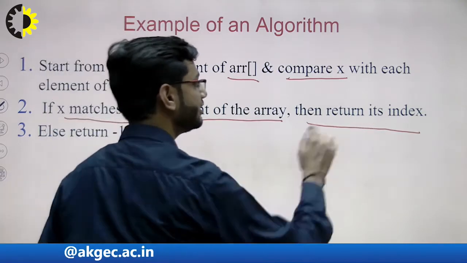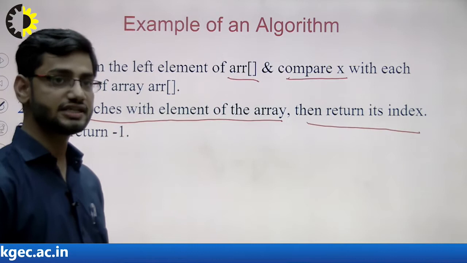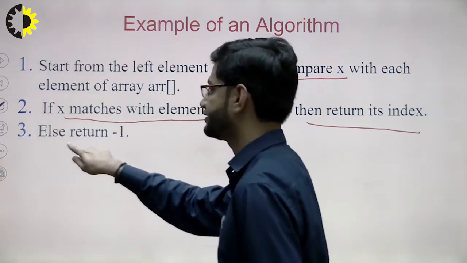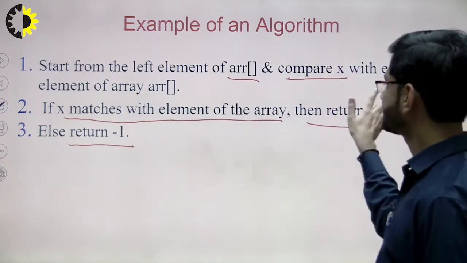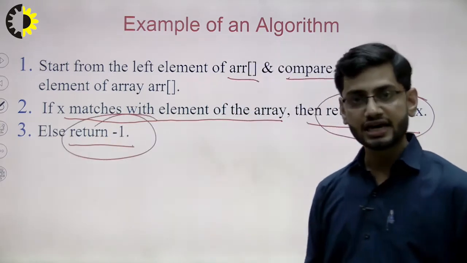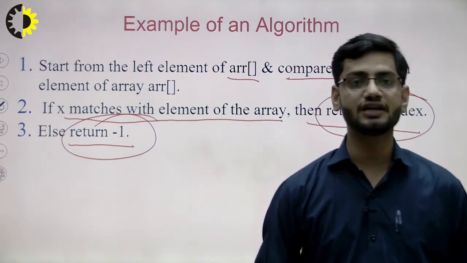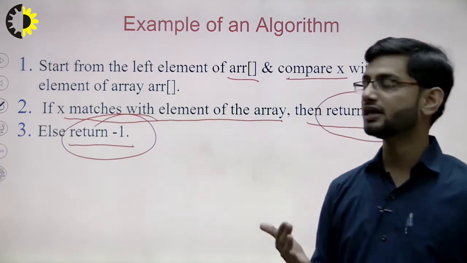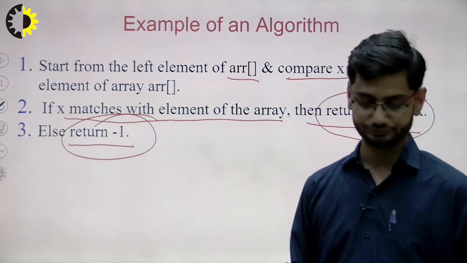I will return the index, and if the search is unsuccessful, in that case I am returning -1. So there are two outputs. First is return index and second is return -1. Return index will be done in case of successful search, and return -1 will be returned when we are not able to locate the particular element X in the array ARR.